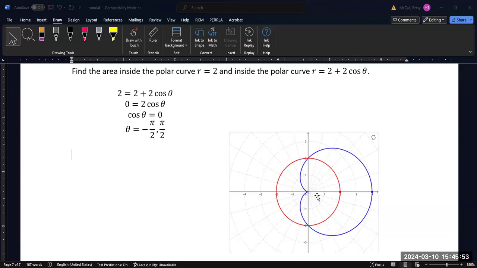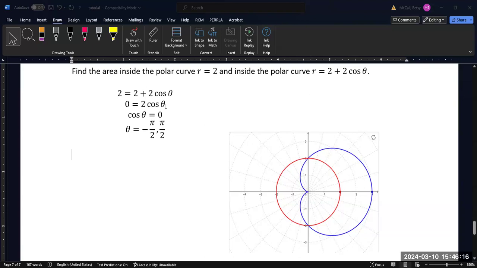Now, in this particular example, we're looking at this circle of radius 2 and this cardioid, and we're trying to find the area inside both the circle and the cardioid. And so one of the things that we're going to need to know is where we flip over from cardioid to circle as our potential boundary.